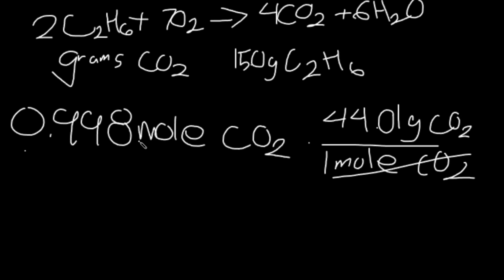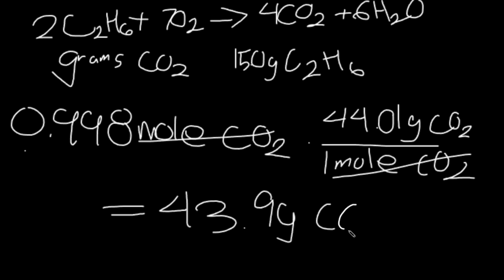Now cancel and cancel. We get the final answer of 43.9 grams of CO2. If you did not notice, the reason why we always divide is to cancel out the top, so we get the final answer in grams.